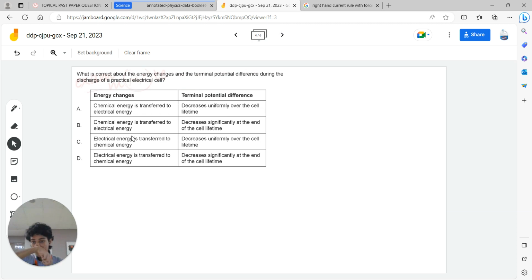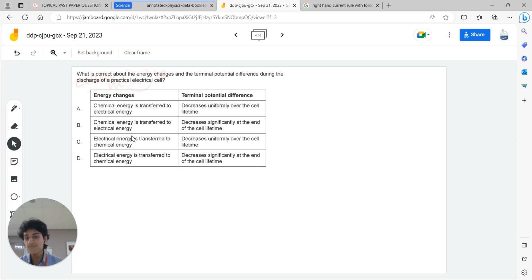Next question. What is correct about the energy changes and the terminal potential difference during the discharge of a practical electric cell? In terms of energy changes, we know that in the cell energy is stored as chemical energy. When the circuit is on, the chemical energy will be transferred into electrical energy.